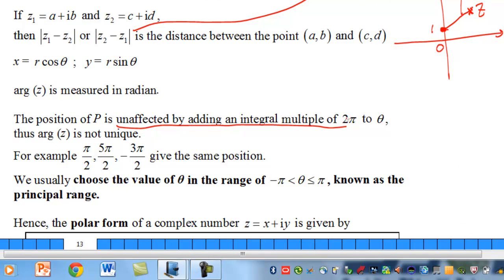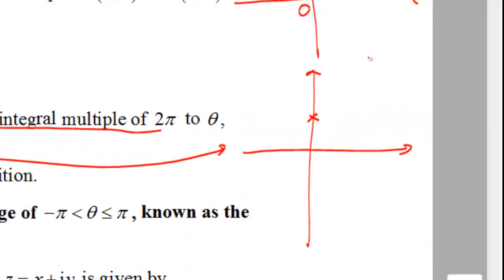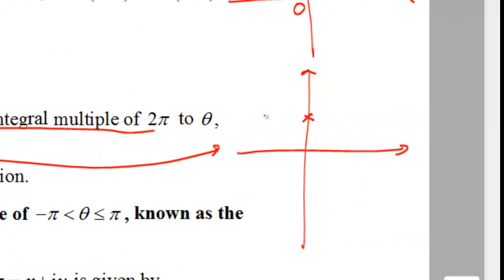What do we mean? For example, if we look at a point on the imaginary axis, let's say the complex number i is represented by the point 1 on the imaginary axis. It has an argument of pi over 2.